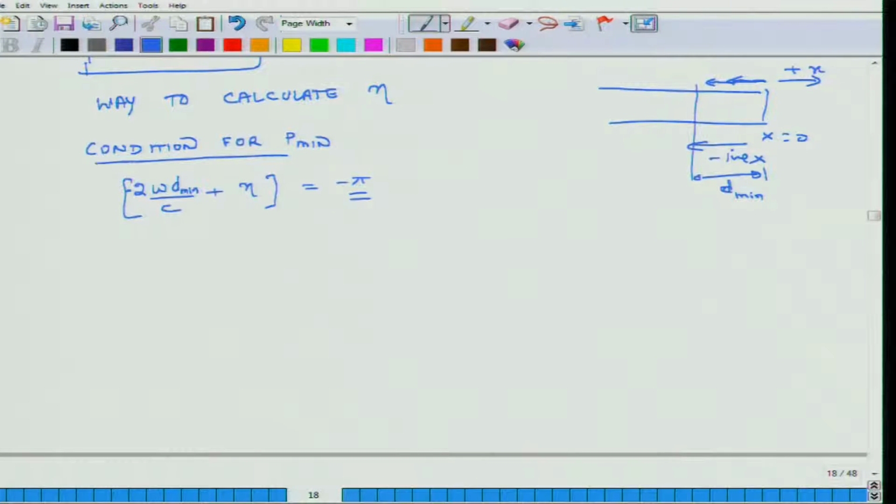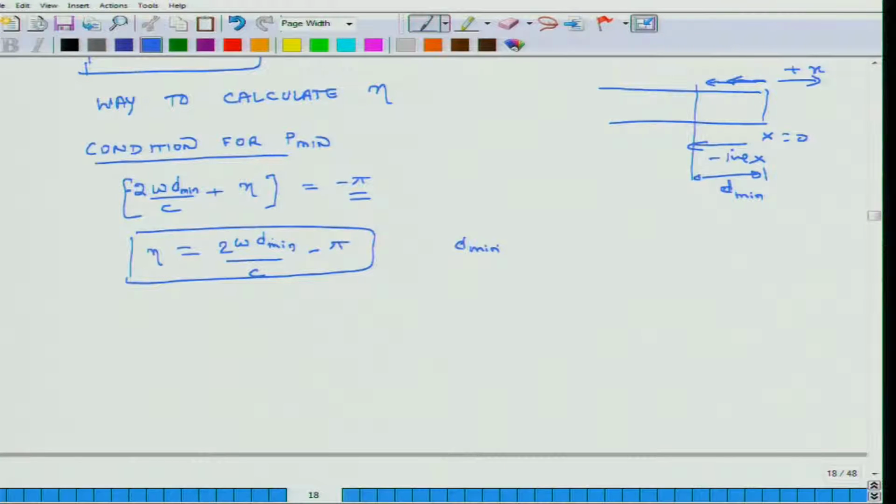So once it is this, I can calculate eta, where d min is determined experimentally. So I have determined experimentally the value of eta using d min.